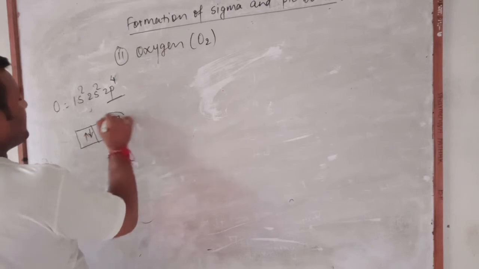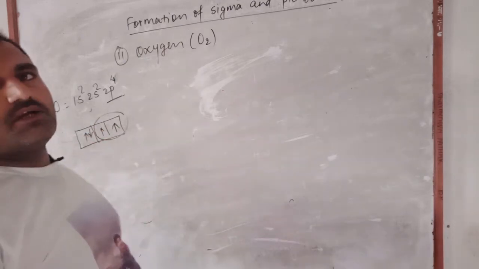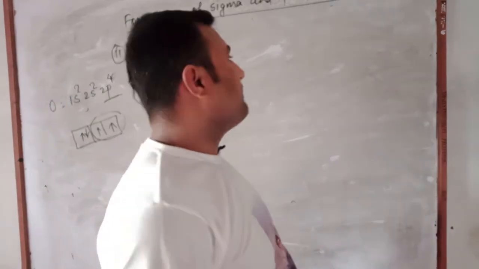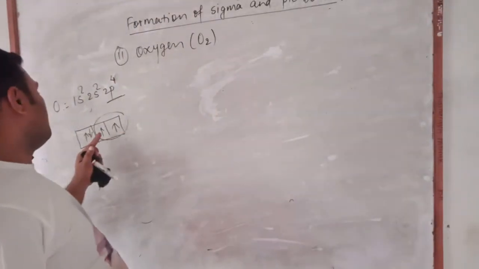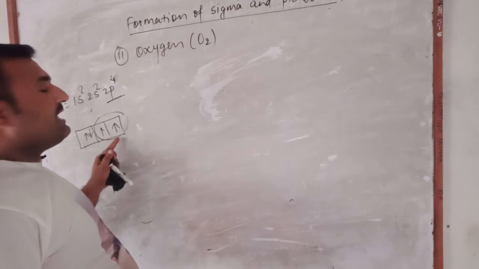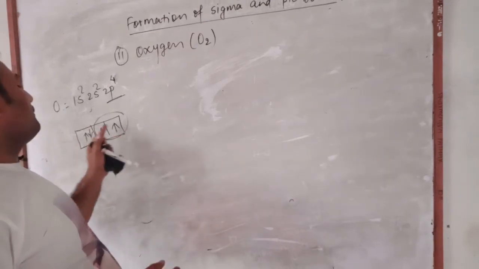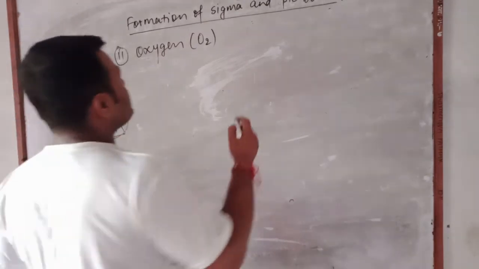And here we find that only these 2p atomic orbitals participate in chemical bonding, px, py and pz.